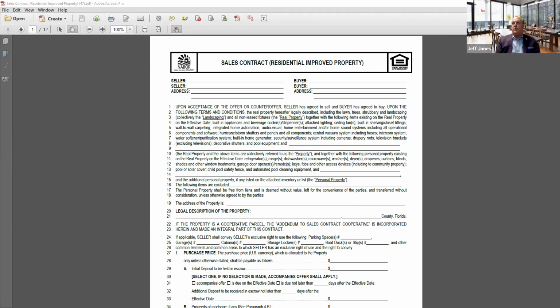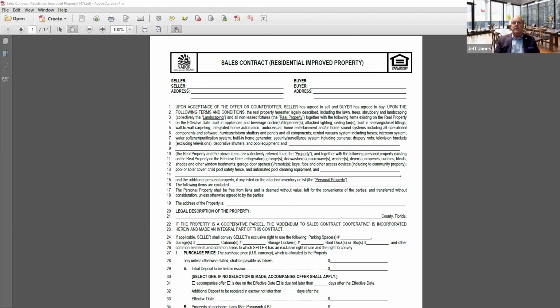Can you take a photo inventory and have everybody sign it? Sure. Can you take a video inventory? Not quite as easy to be signed and agreed to by both parties without some kind of affidavit, but definitely you want to make sure that when you get down to line 19, you have covered what your buyer is expecting to be there and what your seller is expecting to convey with the sale.